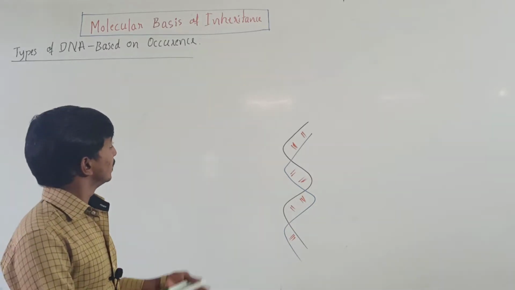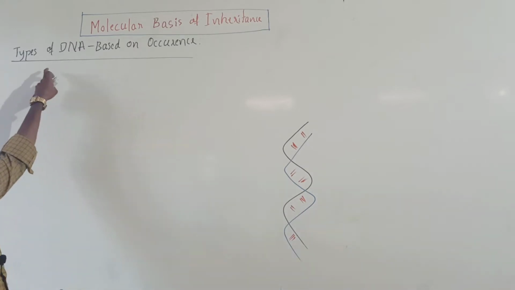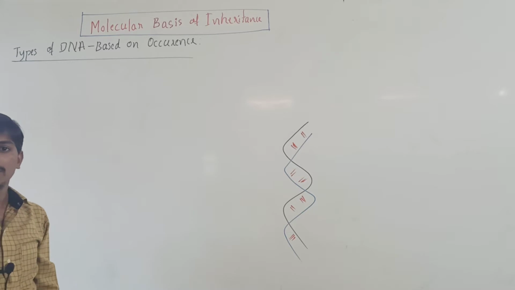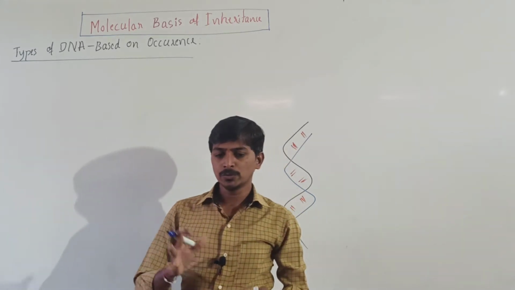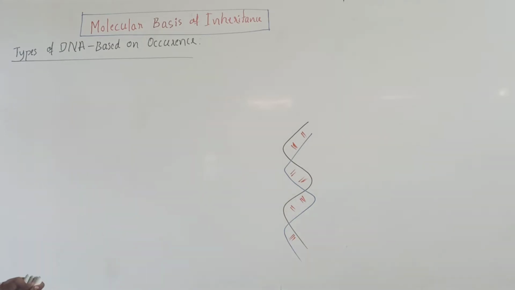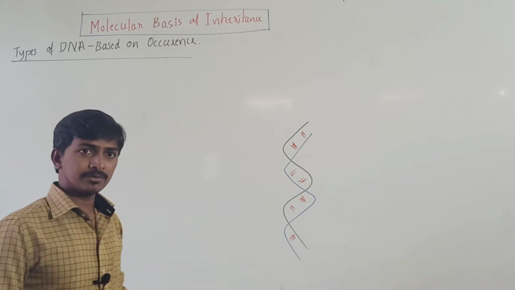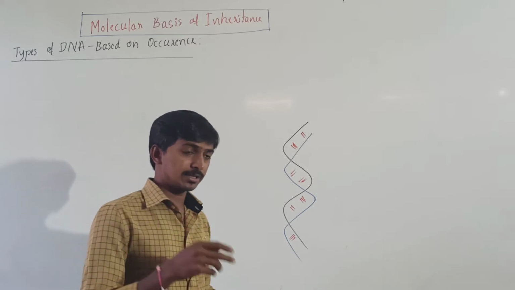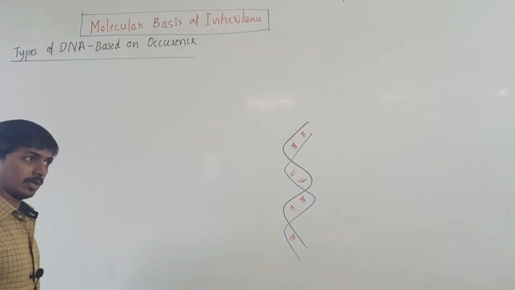So in today's video, we will discuss the types of DNA based on their occurrence, meaning in which organism they are occurring. On that basis there are a few types of DNA. Firstly, we all know that when we say the word organism, we can find two types of organisms: one is prokaryotic, the other is eukaryotic.